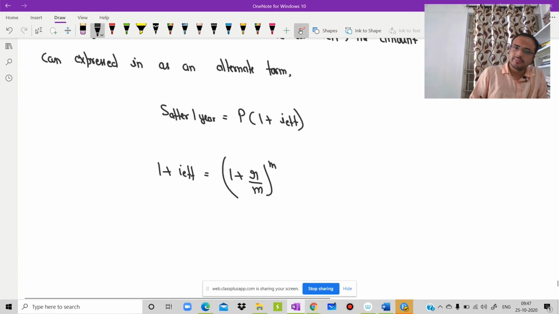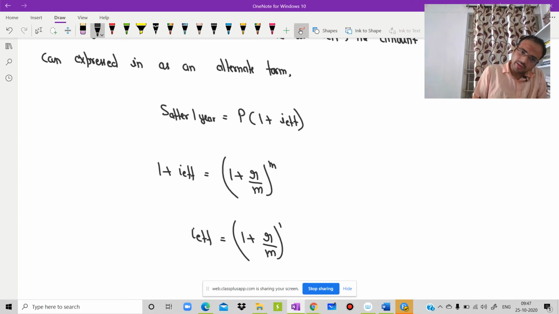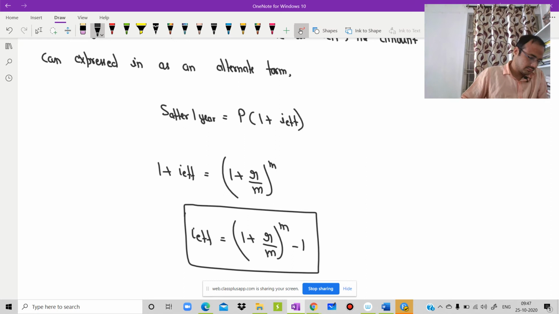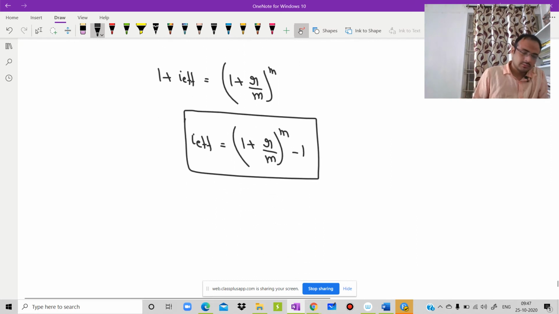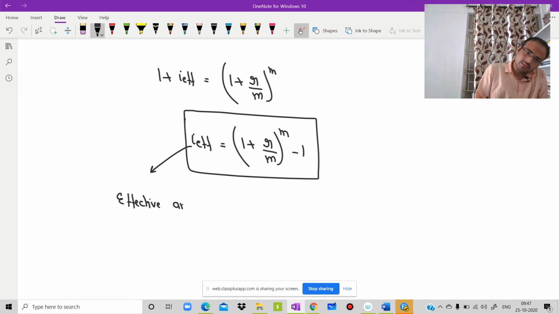So the formula is i effective = (1 + r/m)^m - 1. So it is the effective annual interest rate.